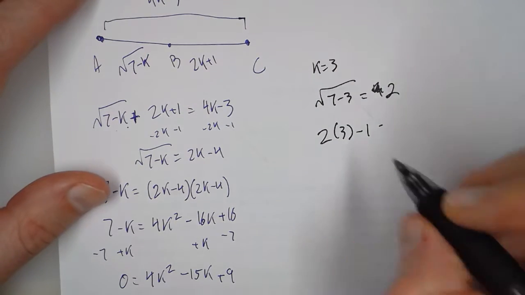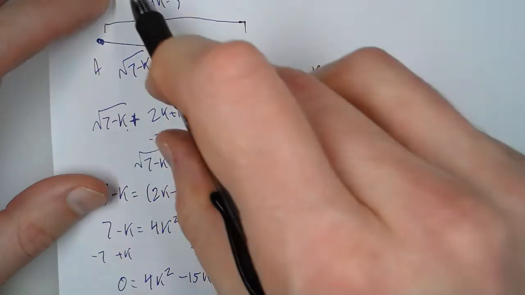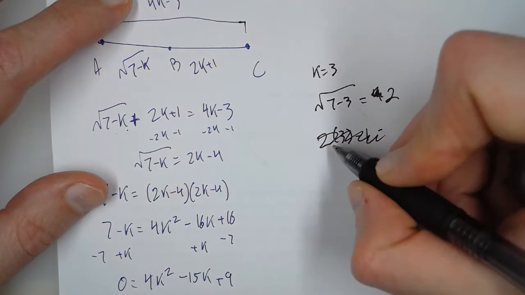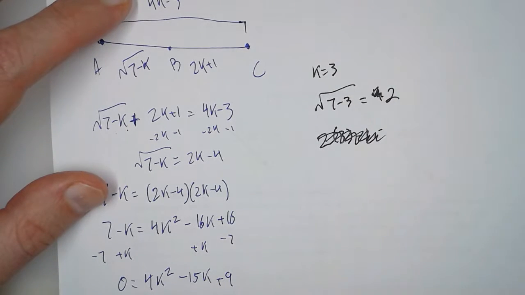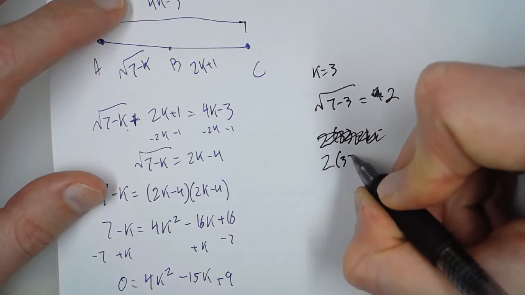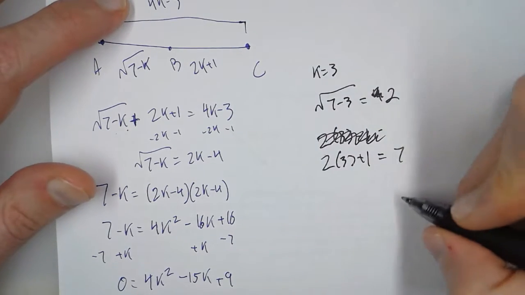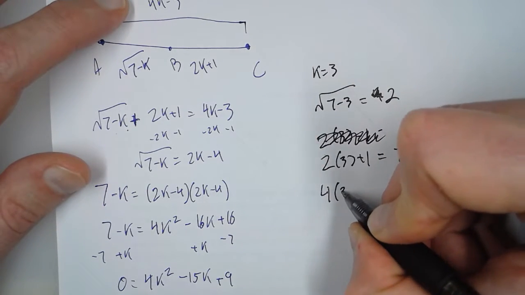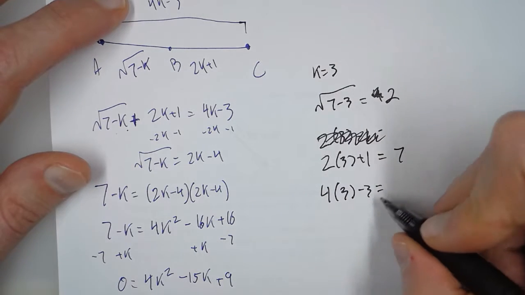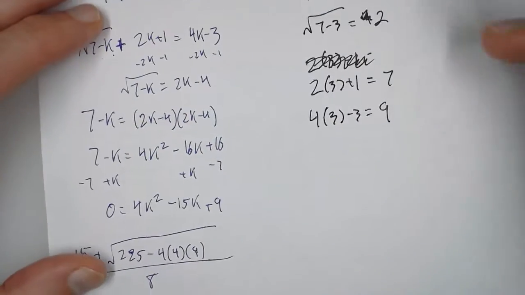Okay, that works. And 2 times 3 plus 1 equals 7. And these two should add up to 4k minus 3. So 4 times 3 is 12, minus 3 is 9, so that works. So yes, k equals 3 does work.